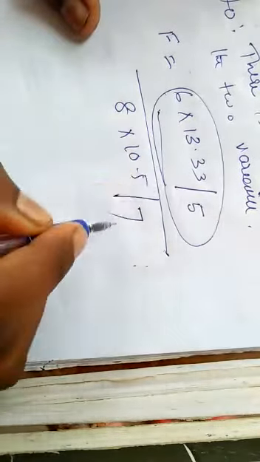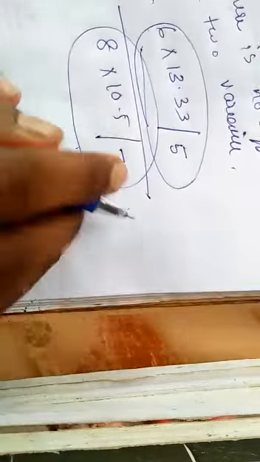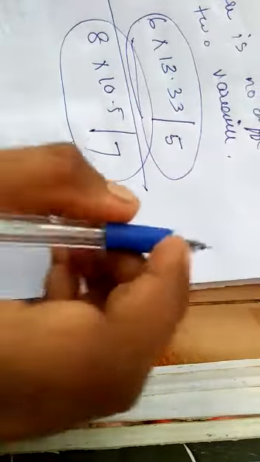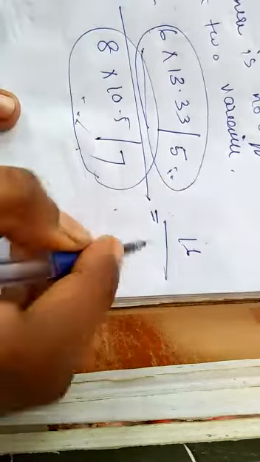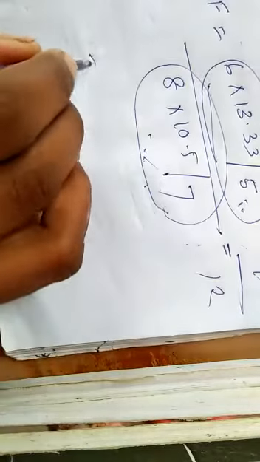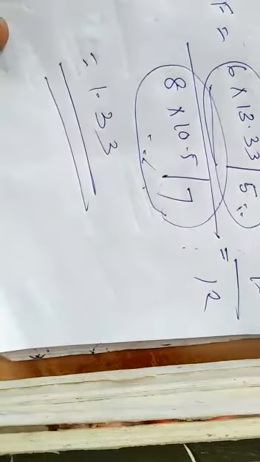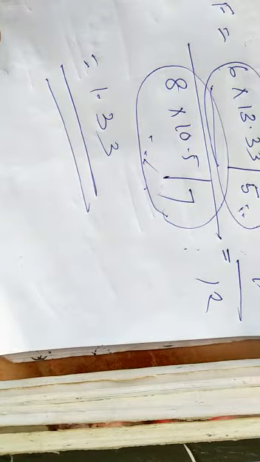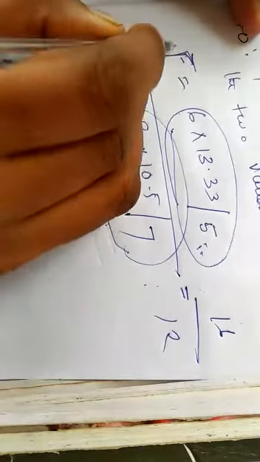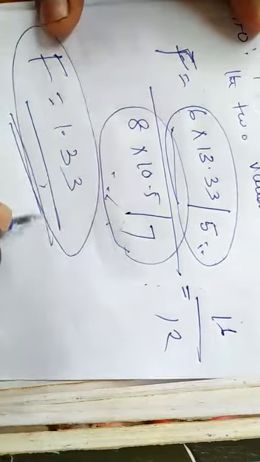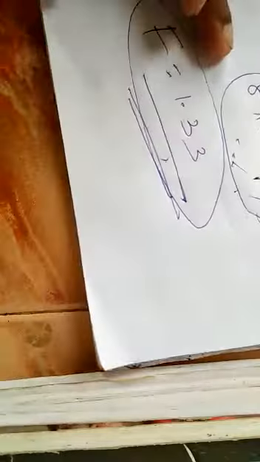First you find this value, then that value: this one is 16 and this one is 12. So 16 by 12, you got 1.33. Our calculated F value is 1.33.